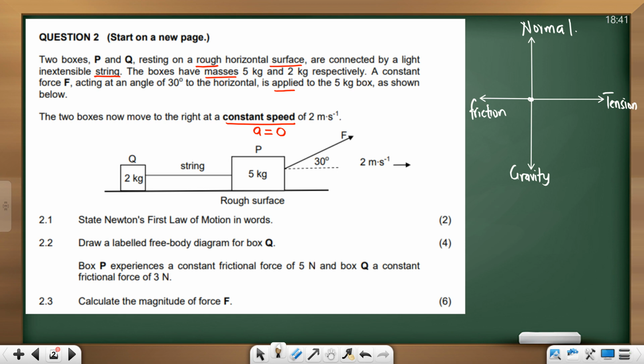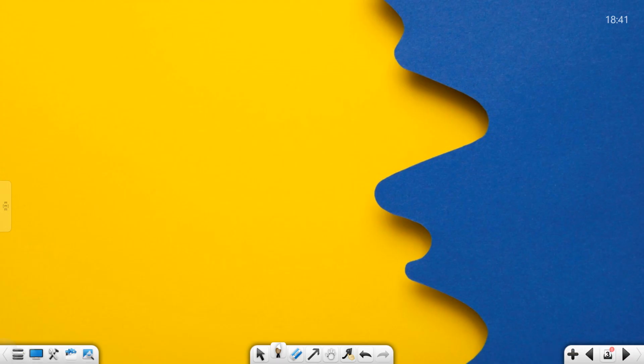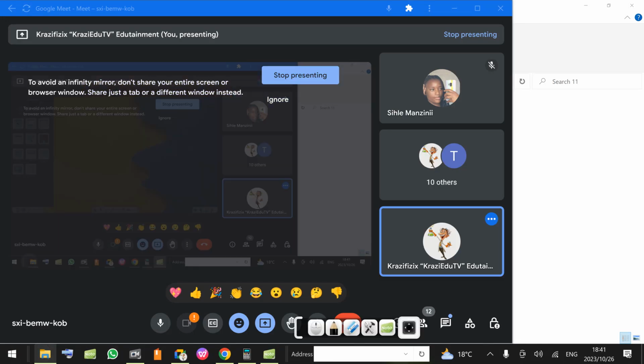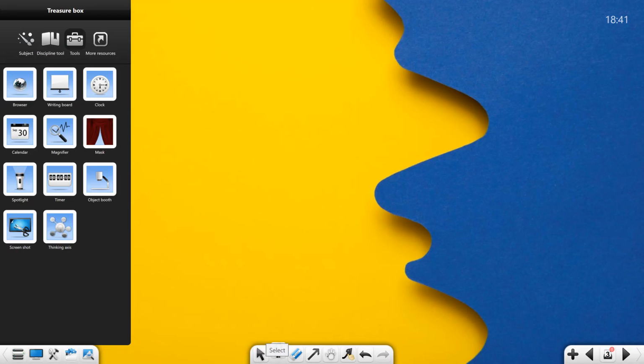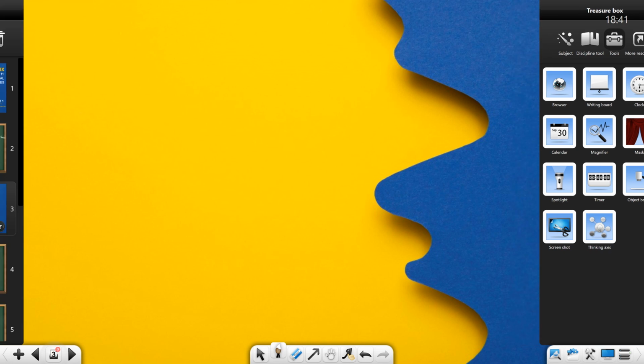Block P experiences a constant frictional force of 5 newtons and box Q 3 newtons. Calculate the magnitude of F. Now, since the examiner wants me to calculate F, first thing is to draw the free body diagram as quickly as possible for F. Guys, once you draw your free body diagram, physics becomes very easy.